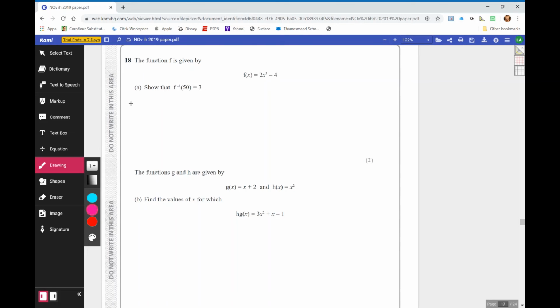That's probably what I would do, because inverse is just literally doing the same thing backwards. I'll show you what I mean. If you think of x, what's happening to x, first of all you would cube x, then you would times it by 2, then you would take away 4.